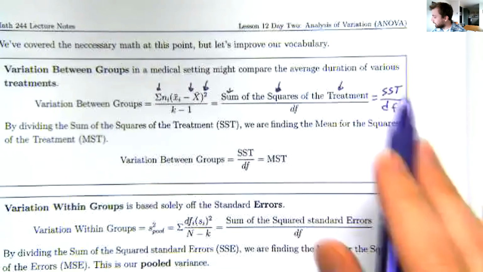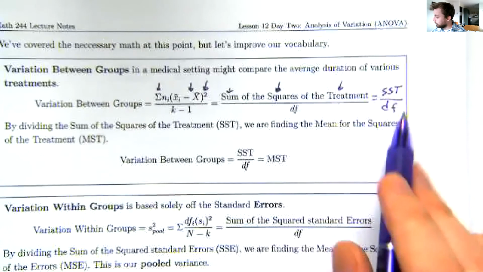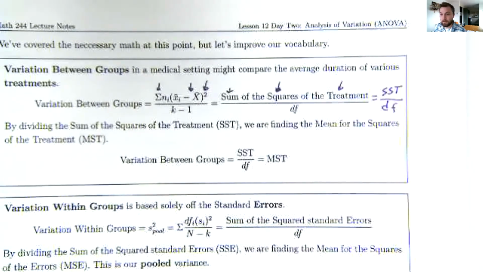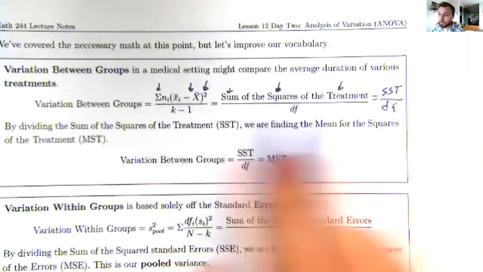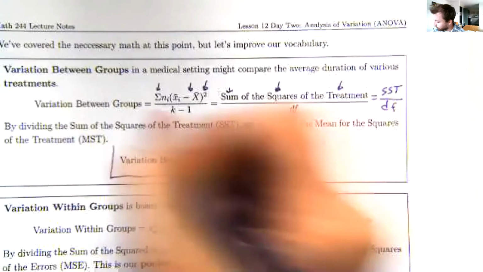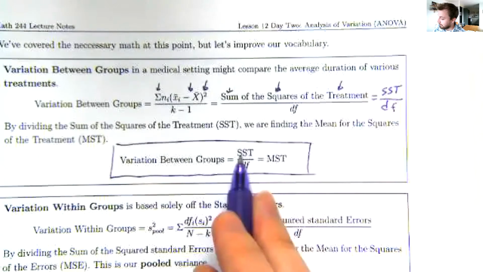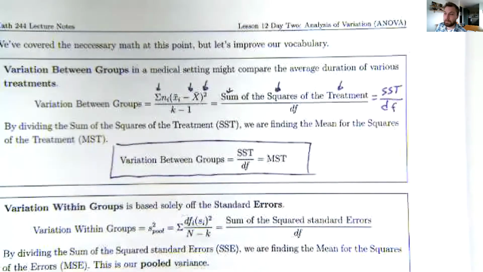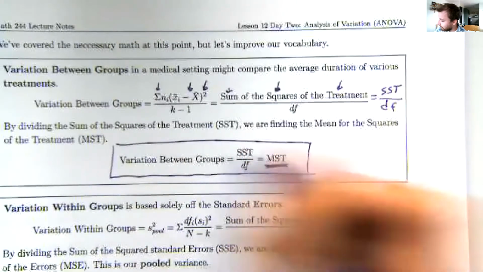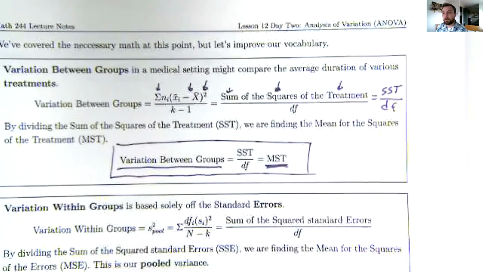So by dividing this total sum of the squares of the treatment by the degrees of freedom, we find something called the mean square of the treatment. So the average square value when I'm doing this comparison is the same thing as my variation between groups. It's the same thing as taking the SST divided by the degree of freedom. So the takeaway here is that the term MST and variation between groups are interchangeable.